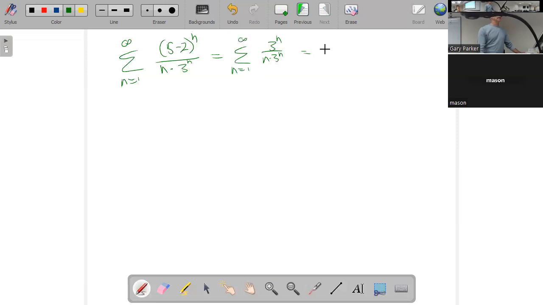And the 3 to the n's divide out, and I get the sum of 1 over n. What do we know about this one? This is the harmonic series. And way back, one of the first things we did when we were playing with series is we showed, based on the integral test, that this diverges.